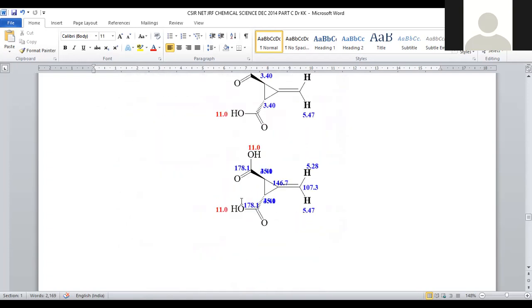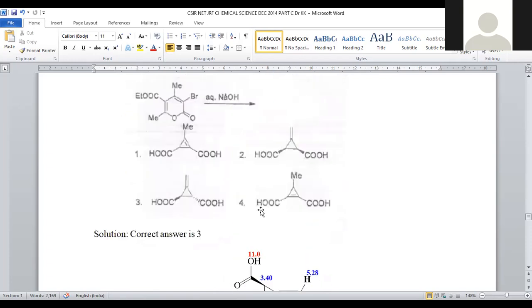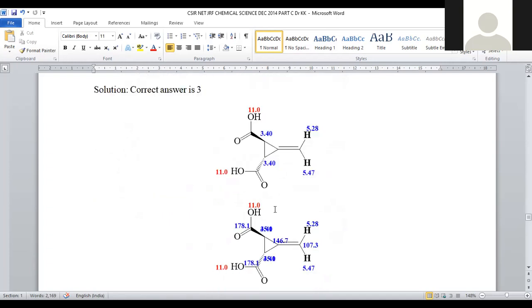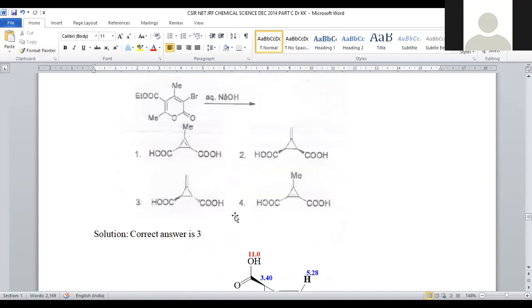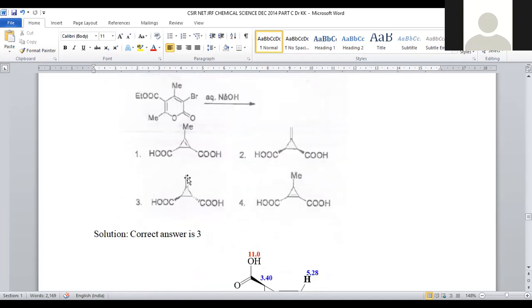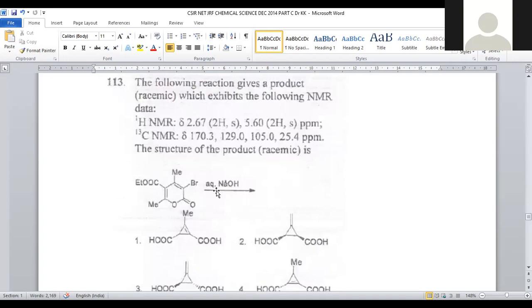And the next is about the carbon analysis, where we will get 107, 146, 107, which is almost equal to 105, 146, and 178, this one. So based on this data, it is very clear that option number 3 will be the right answer. How can we get this one?